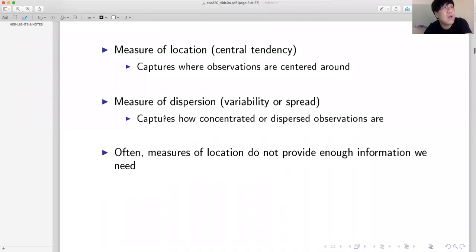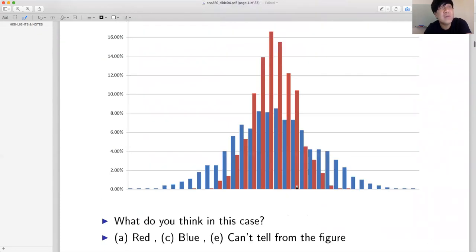We can also talk about measures of dispersion. Variability or spread captures how concentrated or dispersed observations are. Often measures of location do not provide enough information. For example, the red and blue ones both have a similar average, but that doesn't tell us how the data is distributed, right?